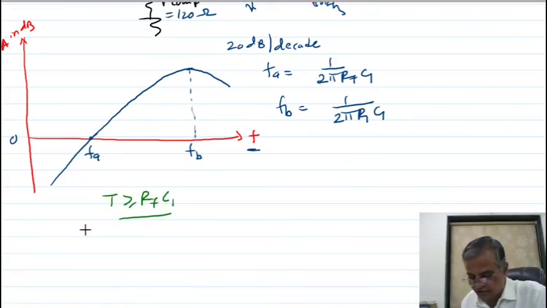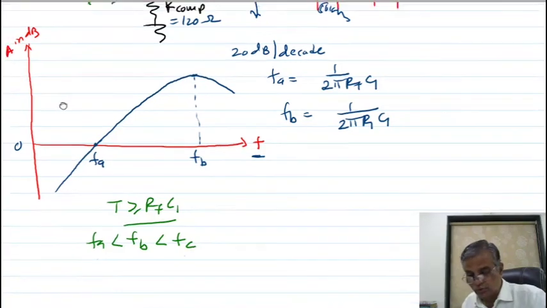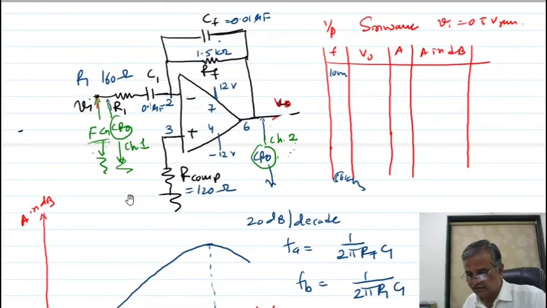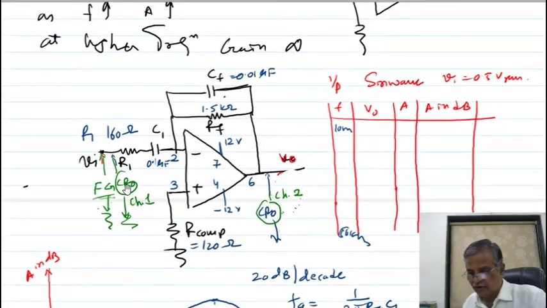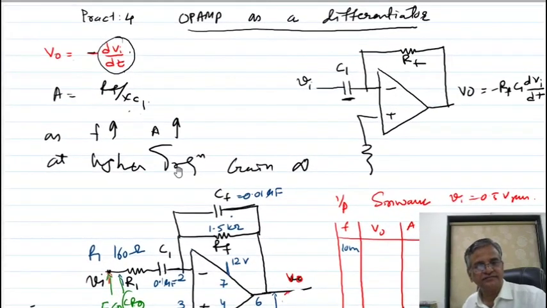This is the condition to get perfect differentiation, where you have to keep the value of FB between FA and FC, where FC is nothing but the unity gain bandwidth of the operational amplifier. So this is the way you have to do the experiment of an op-amp differentiator. Okay.